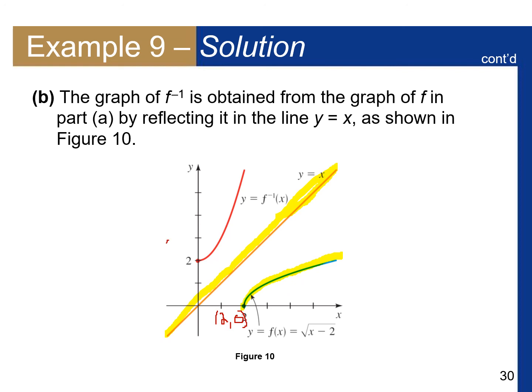Now this point is going to be 0, 2. So I just switched my x and y values. And if I do that for every single point along this line, then I will get this line. Well, not a line, graph.